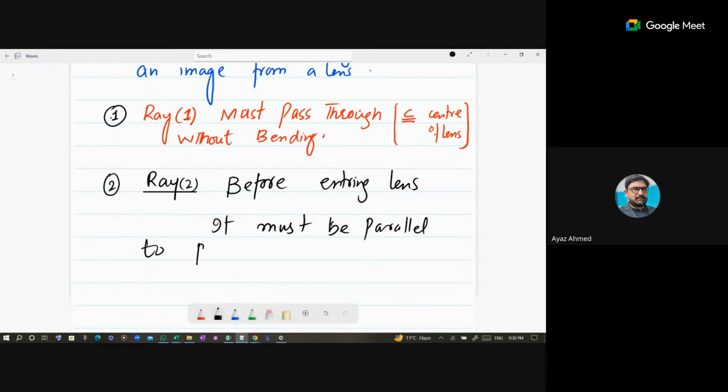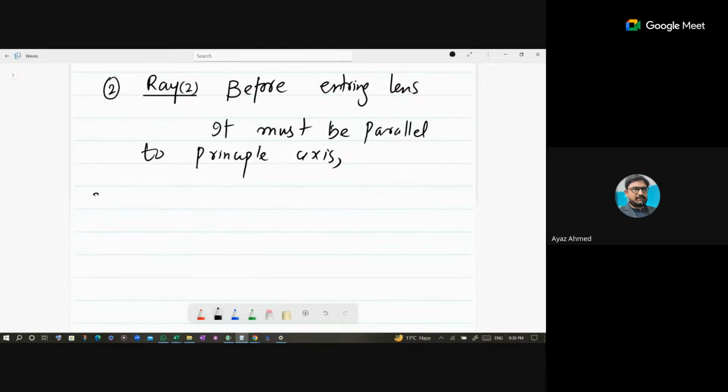And at the third step, after the lens, it must pass through the focal point F. Don't forget these 3 points. That's it. You will get a ray diagram.